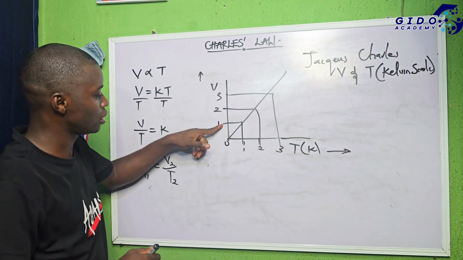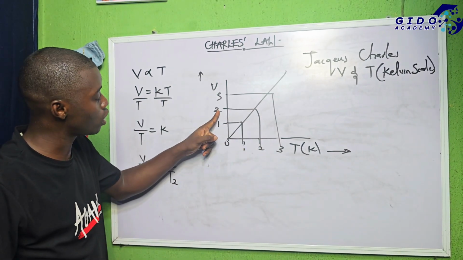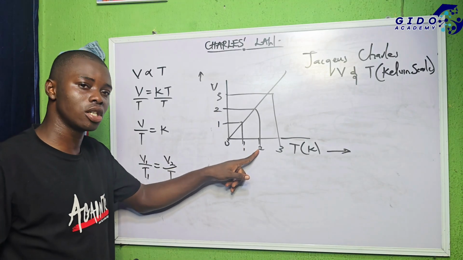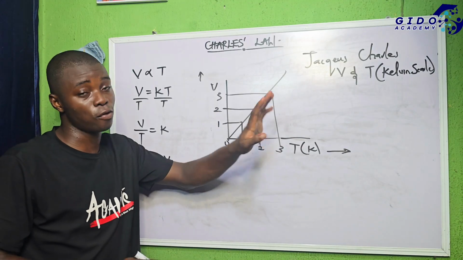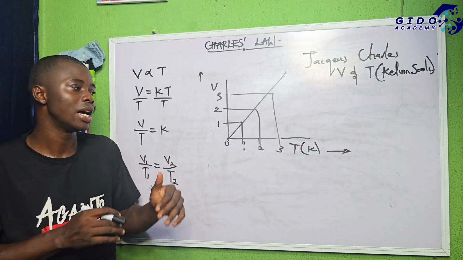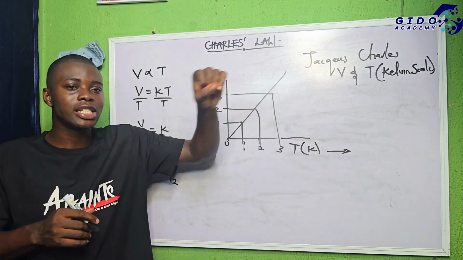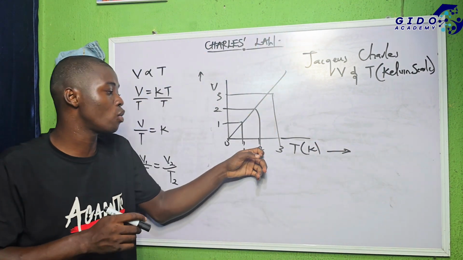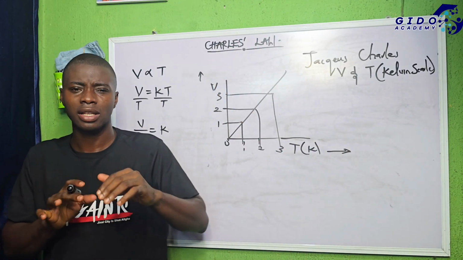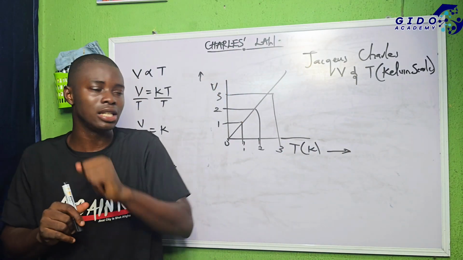When the volume was 1, the temperature was 1. When the volume changes to 2, the temperature changes to 2. It can change to 3, it can change to 4. What I mean is that there is the same progression. If one increases by 1 million, the other will also increase by 1 million.